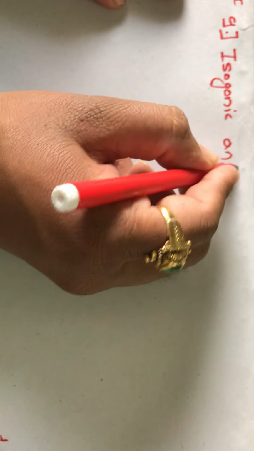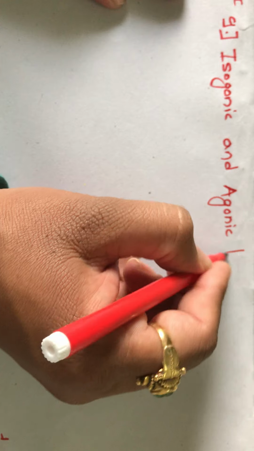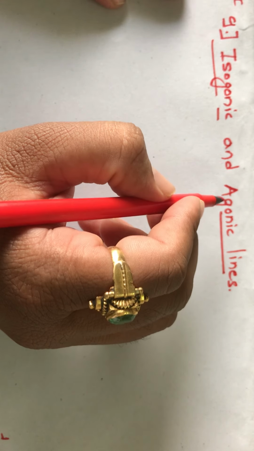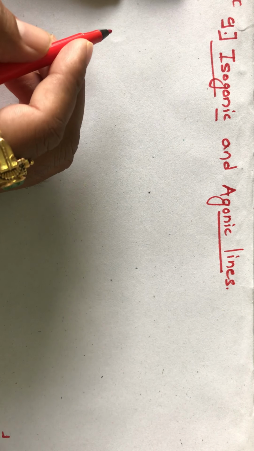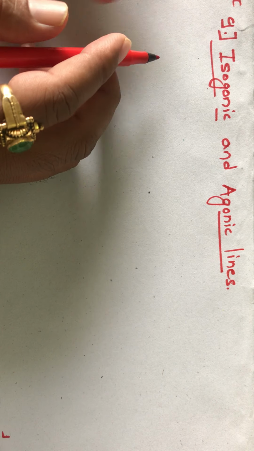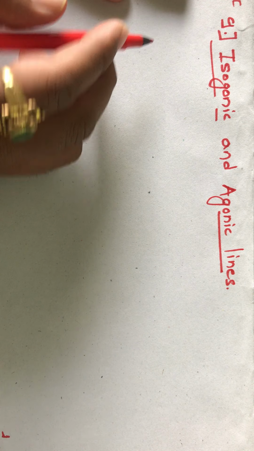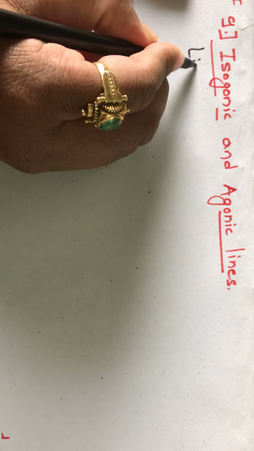This is also very important. It is always asked in the MPSC exam or any competitive exams. What are the isogonic and agonic lines? We have four options. It is simple. Based on this declination, we have isogonic and agonic lines. So first we see the definition of isogonic line.